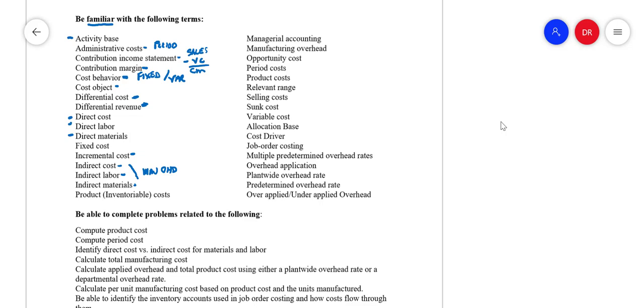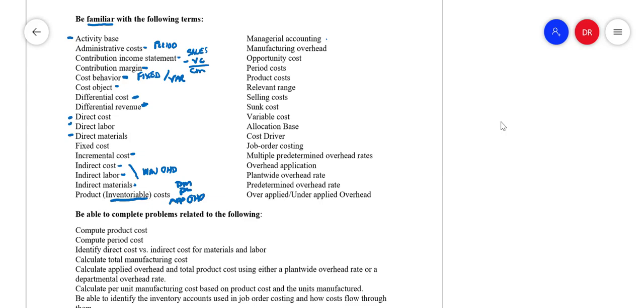The product costs that are inventoriable are going to be basically direct materials, direct labor, and applied overhead. So we have applied overhead that we're going to apply throughout the period. These product costs are always going to be direct materials, direct labor, and applied overhead.